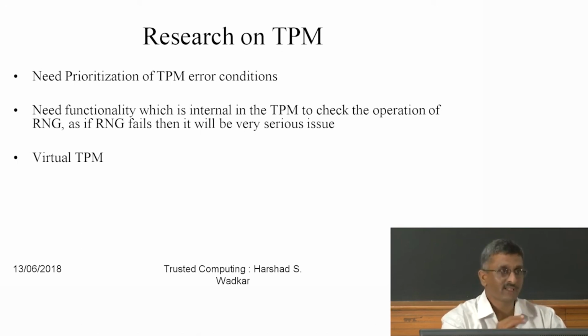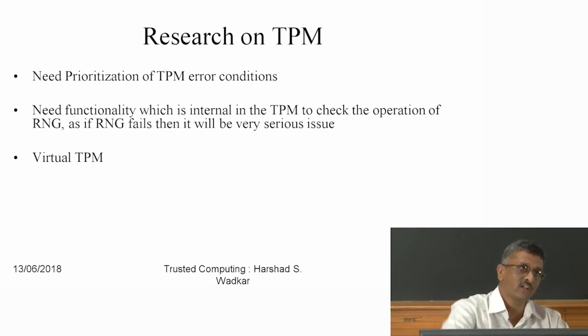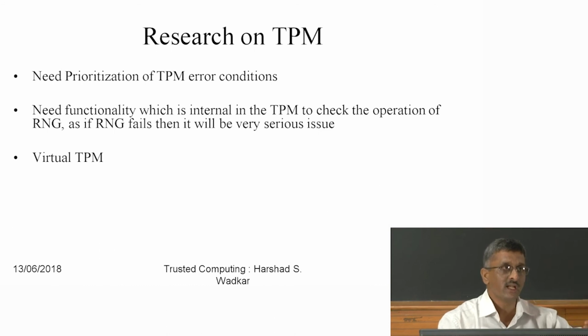So can I track them? Can I segregate them and allow the high priority exceptions to be handled first, then medium, and so on? Because what is happening is a log is generated and the log contains a mixture of signals, high, low, medium. So can I segregate these logs?